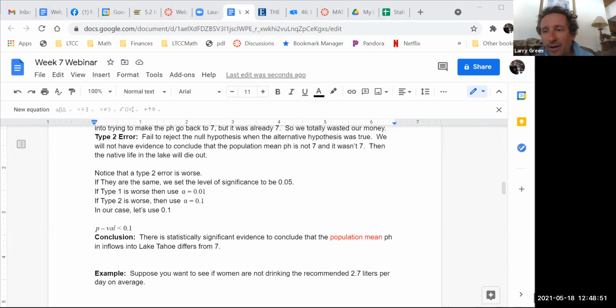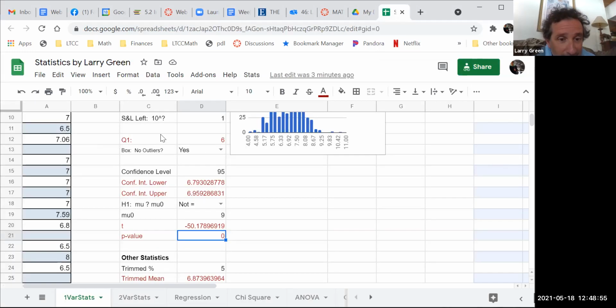And this is where, let's go back to the spreadsheet and notice that the, oh, you know what? I forgot. No wonder why it's 0, because I thought it wasn't. I forgot to change that mu naught to 7. That changes everything. But P is 0.004. I'm going to go to 3 decimals. Sorry about that. So P is 0.004. I made a little error. I forgot to change. Mu naught is the number on the right-hand side of the equal sign in the alternative hypothesis.